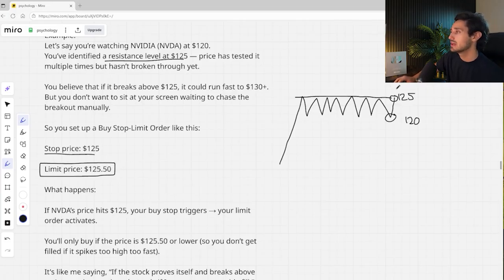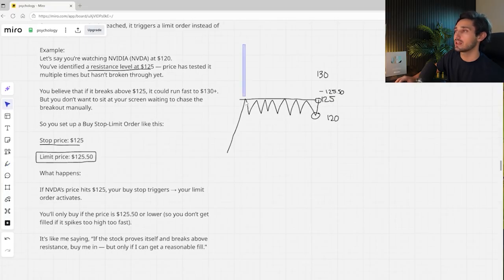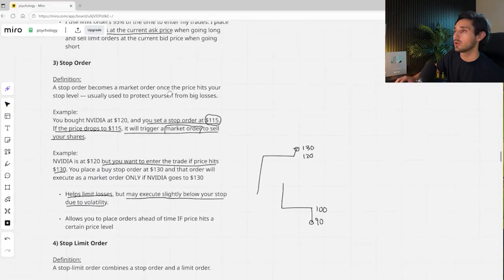So let's say you place a stop order at 125, and when the stop is hit, then the limit order activates at 125.50. So keep in mind, what does a limit order do? Let's go ahead and remind ourselves what a limit order does.